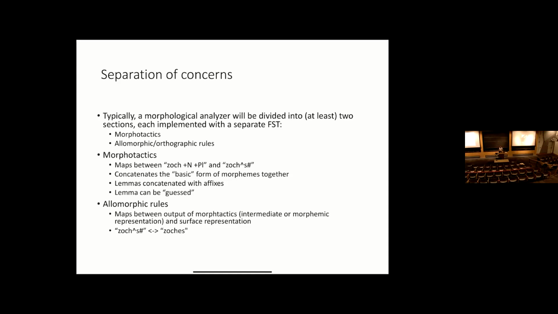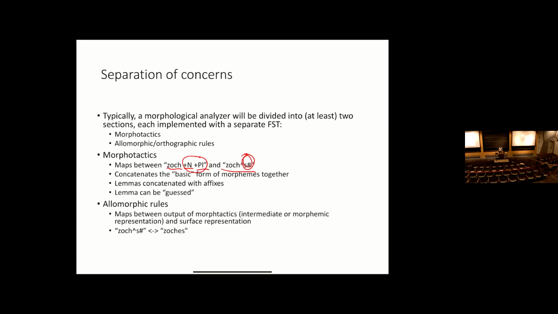So morphotactics are like mapping between zoch, this is a made-up word, zoch noun plural, becomes zoch, morpheme boundary, S. So this corresponds to that, to the S, not the word boundary.